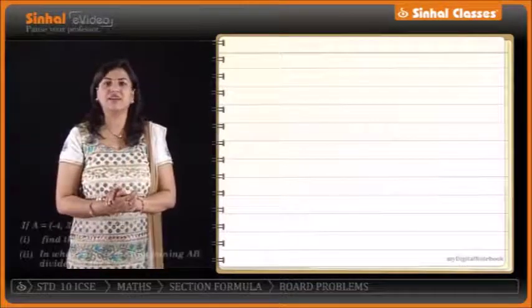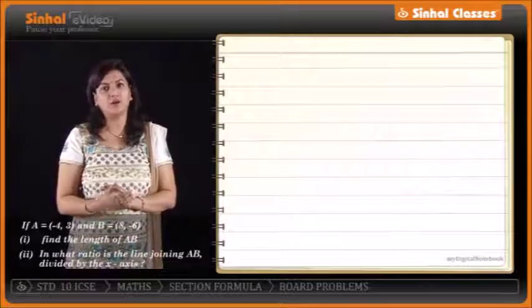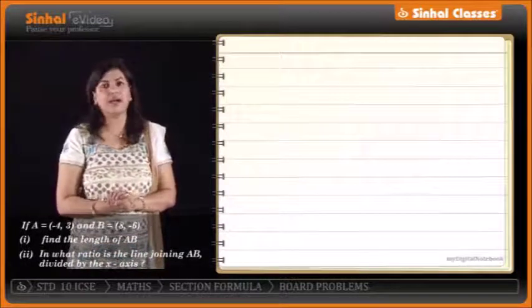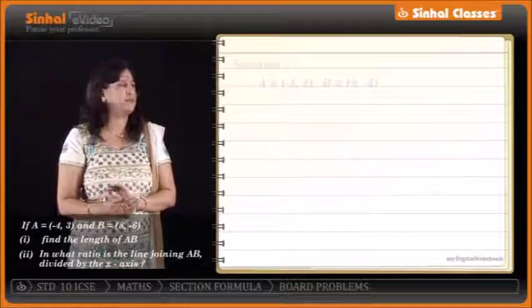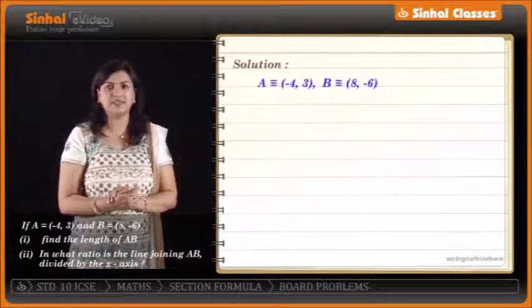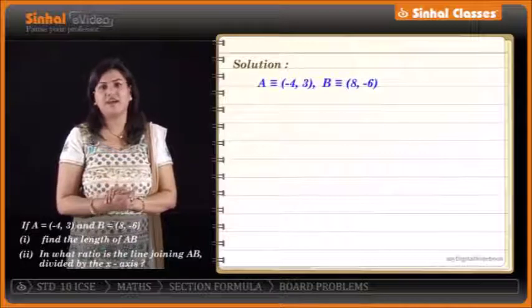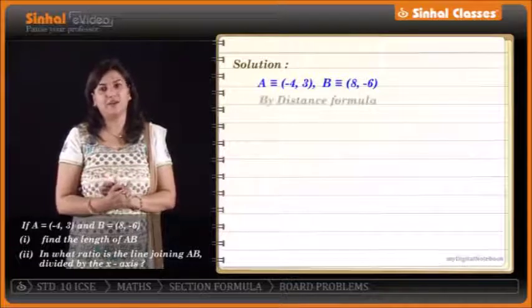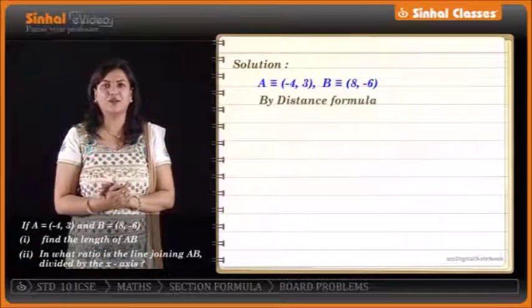Now in this, we are given the coordinates of the point A and B. A has coordinates minus 4 comma 3 and B has 8 comma minus 6. We are asked to find the length of AB. This can be done very easily by distance formula. Remember the distance formula?